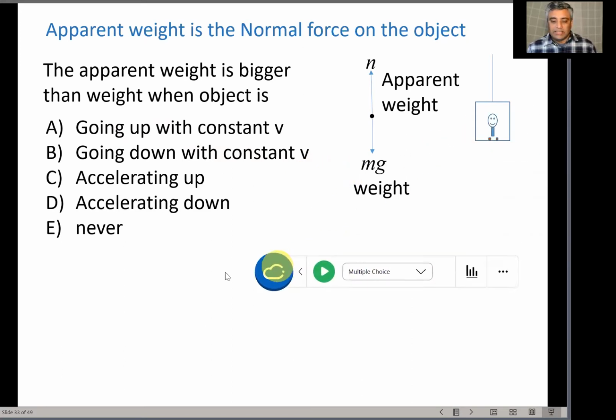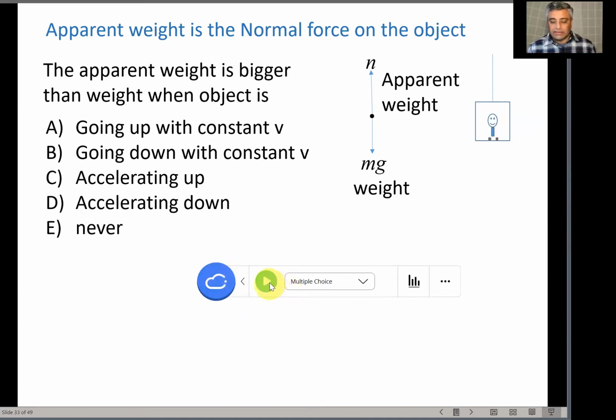So now the question is, which of these responses do you think is correct? You have a minute to answer this. Thirty more seconds.